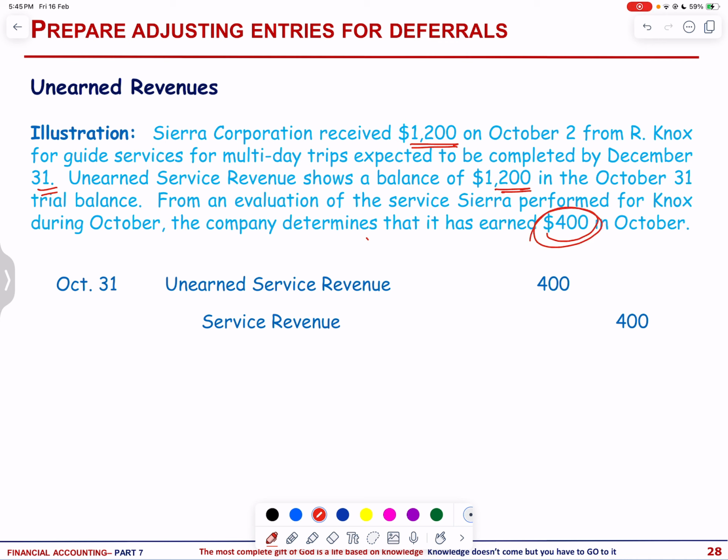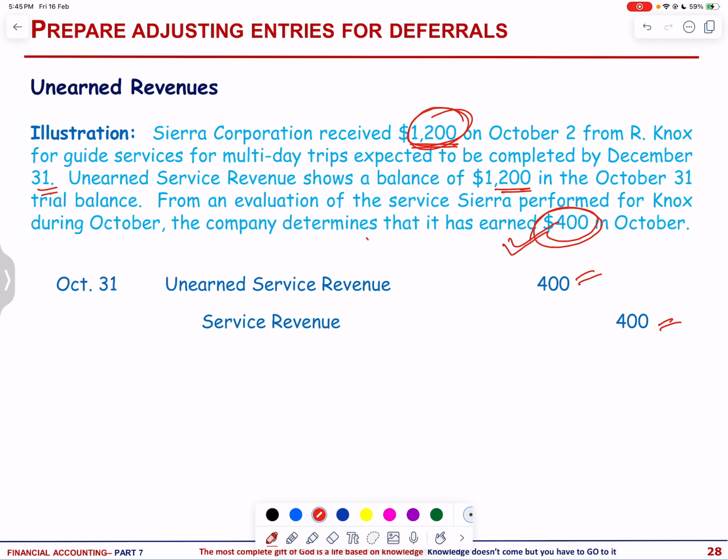So if they have earned 400, that means that our liability from 1200 decreases by 400, and decrease in liability is debit, and obviously we have earned, so this is a revenue, and this will increase the stockholder equity, and increase in stockholder equity is credit.